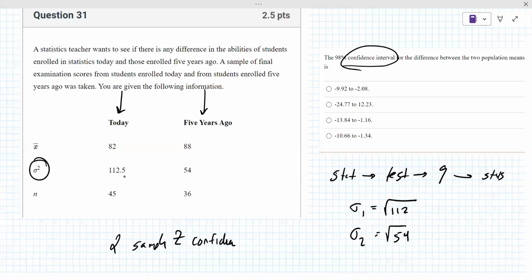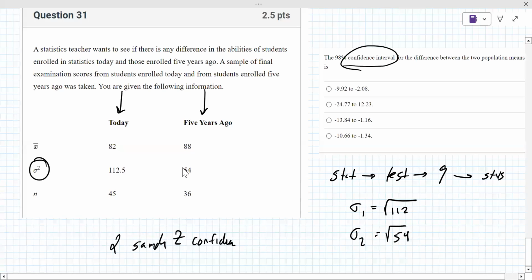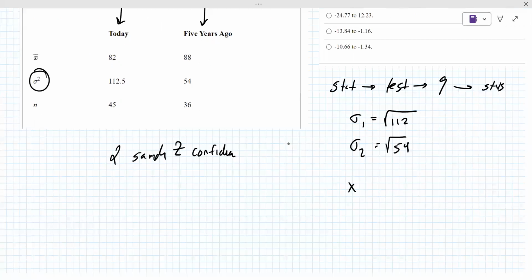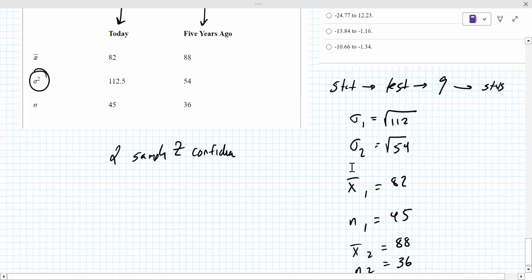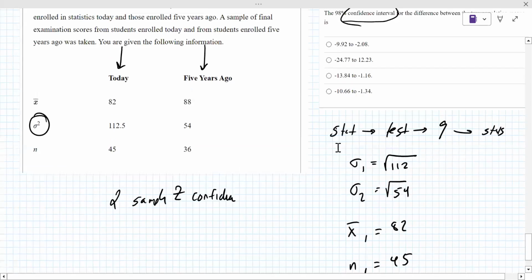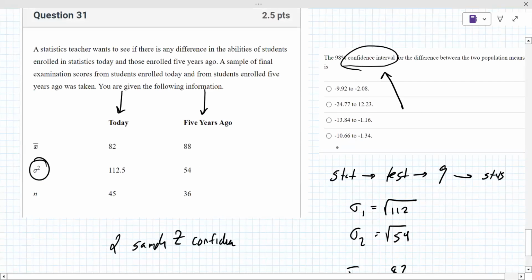The next one, it looks like it wants x bar 1, which is 82. N1 is 45, the sample size. X bar 2 is 88. N2 is 36. So this time you actually do want the confidence interval. You have to change your C value to 0.98. Okay.